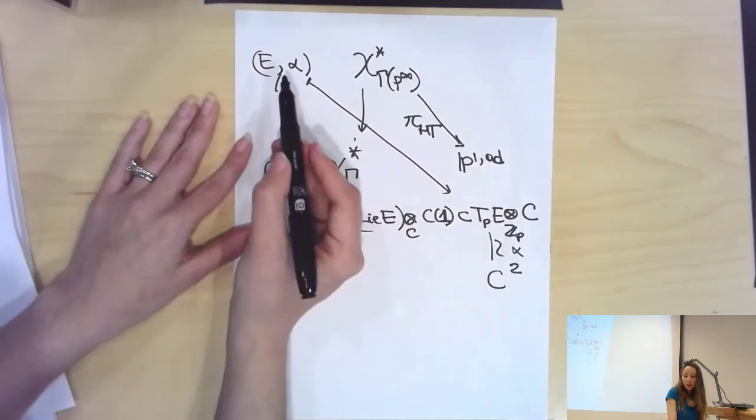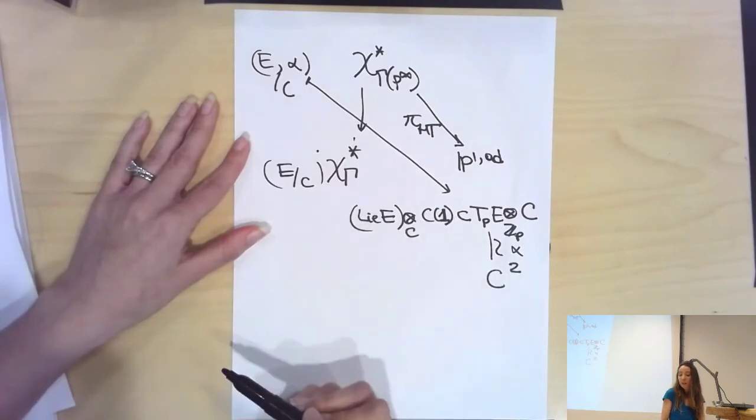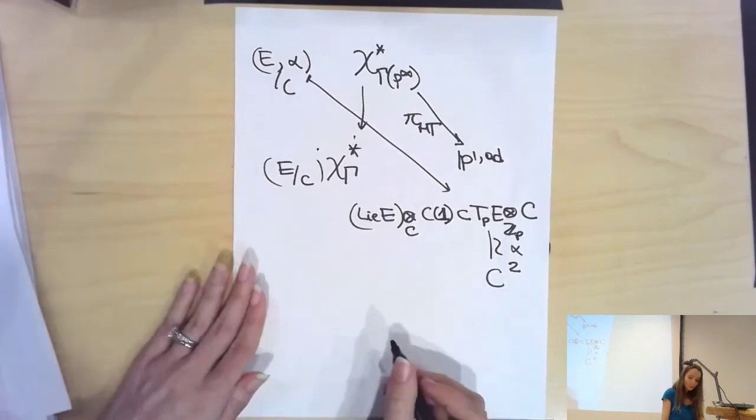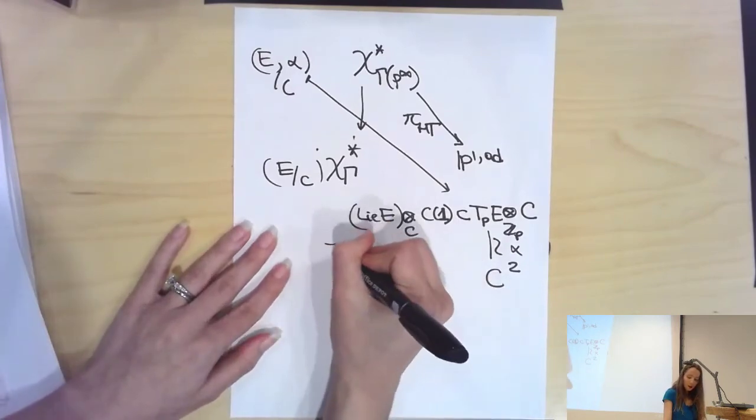So the idea is that such a point goes to this line inside C squared. Okay. All right, so this is the Hodge-Tate filtration.